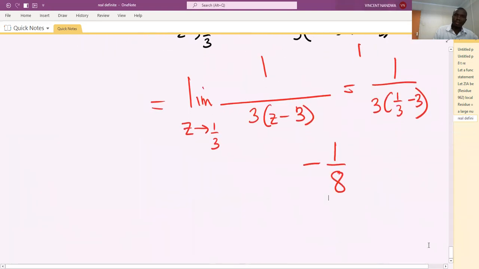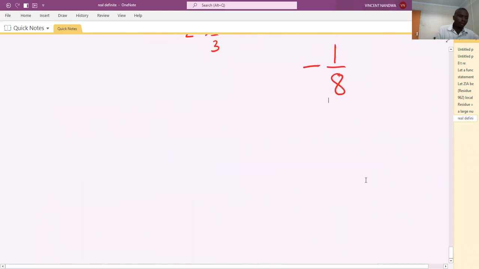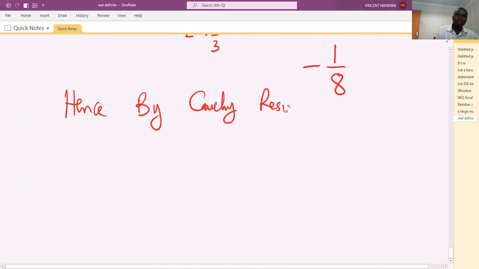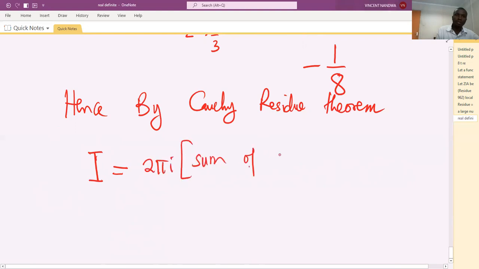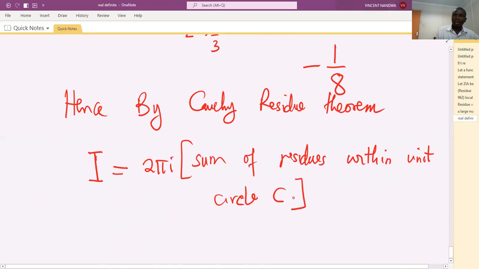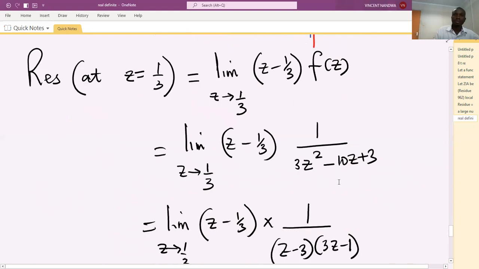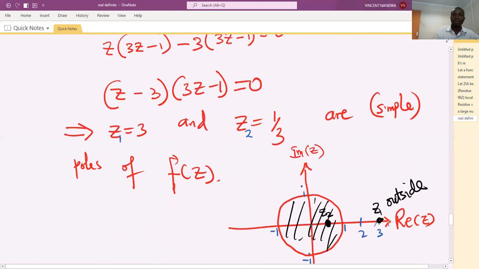So which means, hence by Cauchy residue theorem, the integral is given by 2 pi i times the sum of residues within the unit circle C. And because only this pole of 1/3 was within the circle, the other one is not part of the solution.